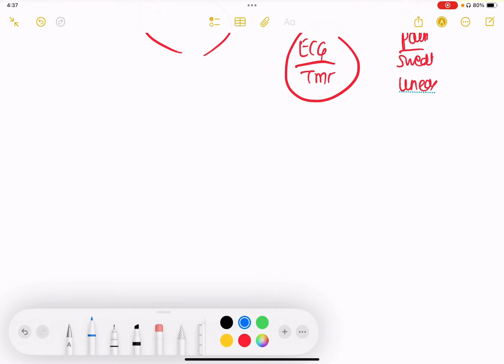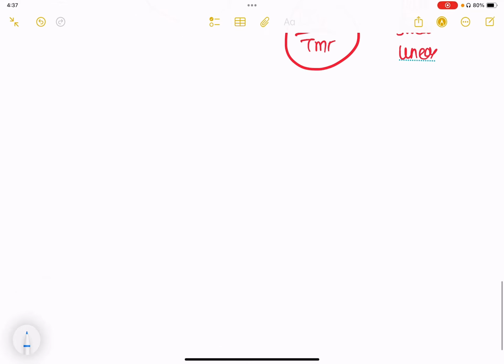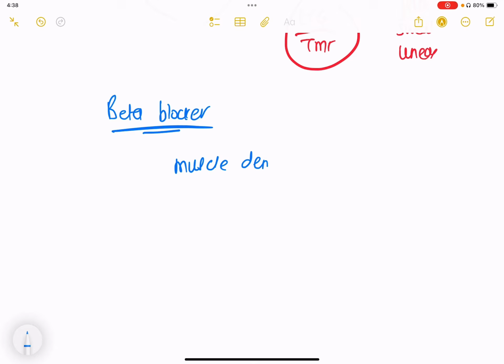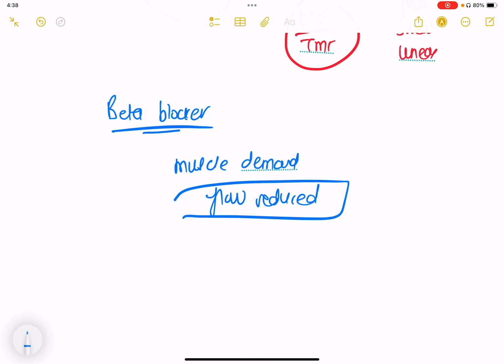For this, you actually don't need any angioplasty. You don't need to repair it. You don't need to put a stent there. In that, we usually give a beta blocker so that the heart rate remains low, because in tachycardia the muscle's oxygen demand increases and the flow gets reduced because the artery is getting compressed.